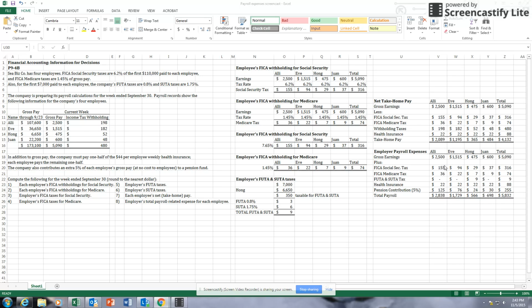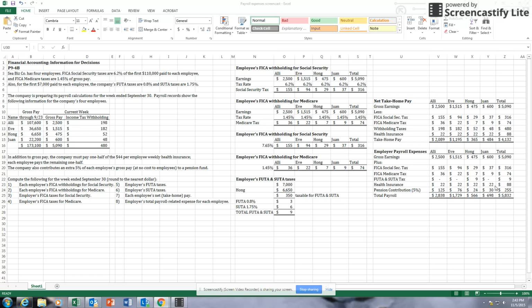But then they also have other expenses that go with payroll because, of course, your employer has to pay FICA, Social Security, and Medicare taxes on all the employees. 1/2 of FICA taxes are paid by the employer and 1/2 are paid by the employee. So those amounts are listed here. The employer has to pay federal unemployment taxes and state unemployment taxes. And of course, we calculated that Hong is the only employee that pertains to. And so $9 here. The employer pays half of the health insurance costs of the employees.